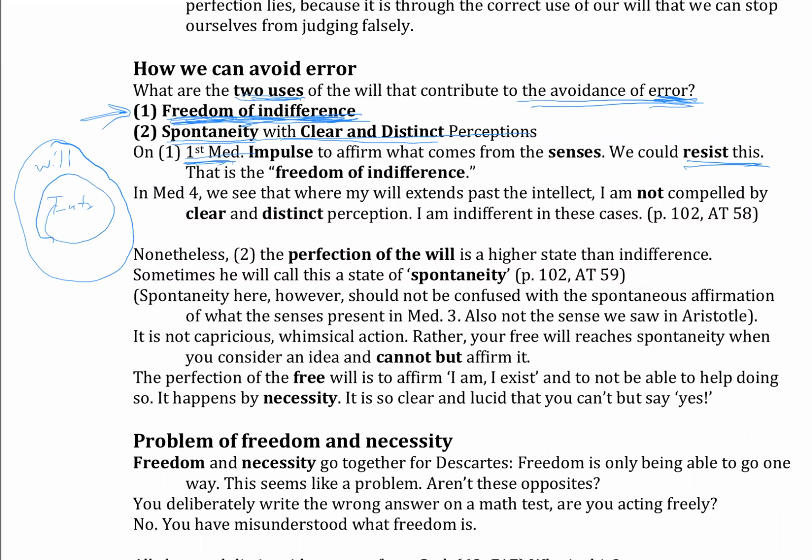Okay, what does that mean? Well, these are going to be cases when I'm not compelled by clear and distinct perception.